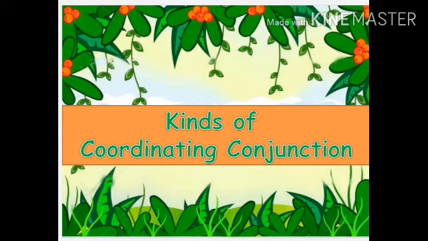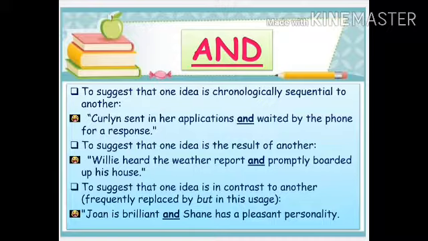Now children, let us see the kinds of coordinating conjunctions. See children, let us see how to use and. To suggest that one idea is chronologically sequential to another: Carlin sent in her application and waited by the phone for a response.